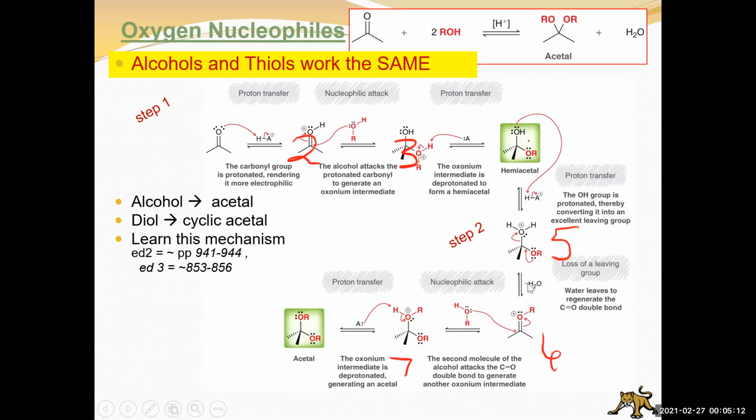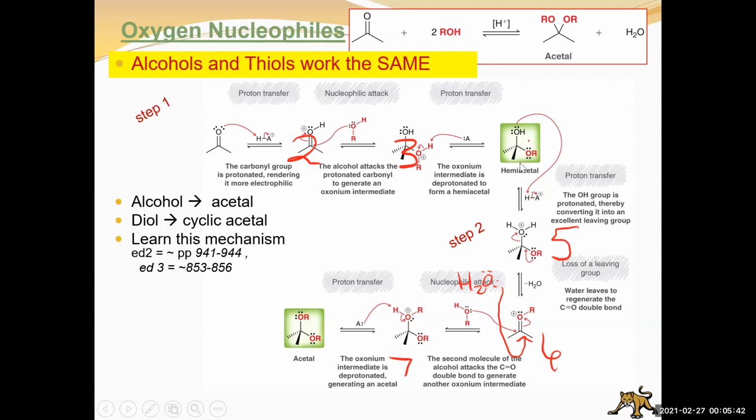The subtraction of water was written on this side, meaning for this one, to go back the other way, you'd need to add water. So have water sitting around, and do a nucleophilic attack to attach the water molecule. That gets you to molecule 5.